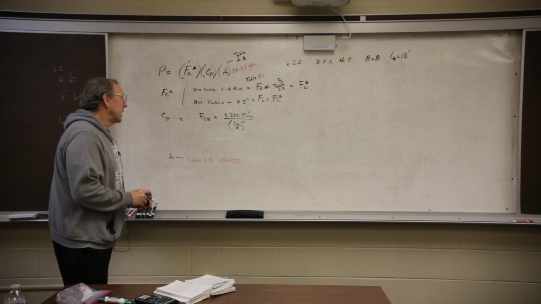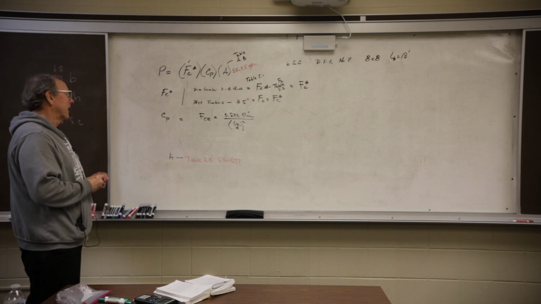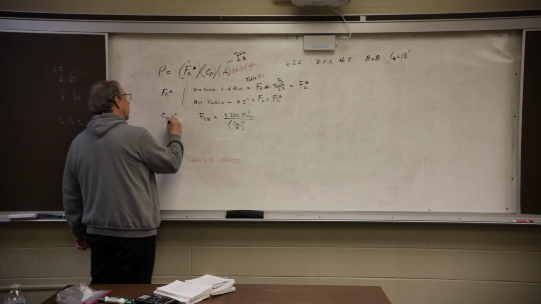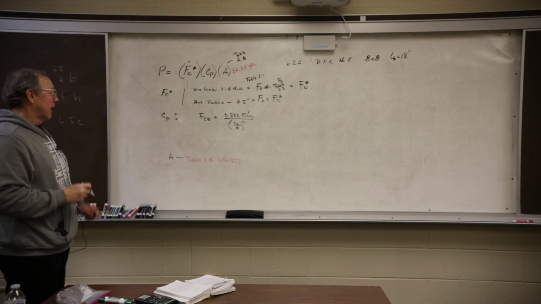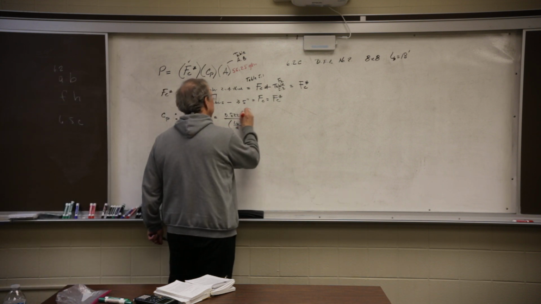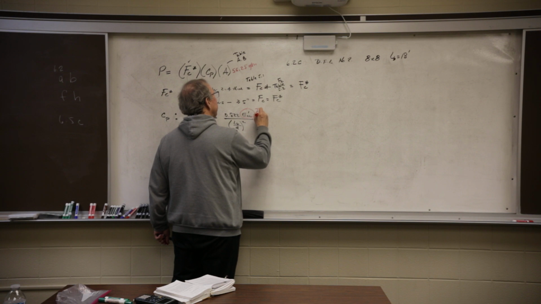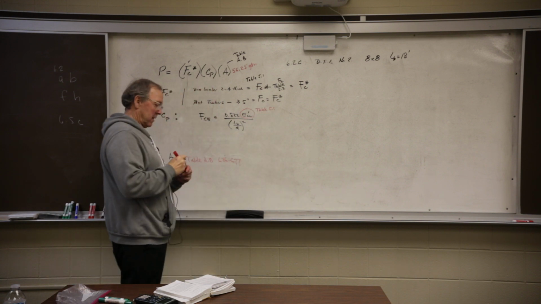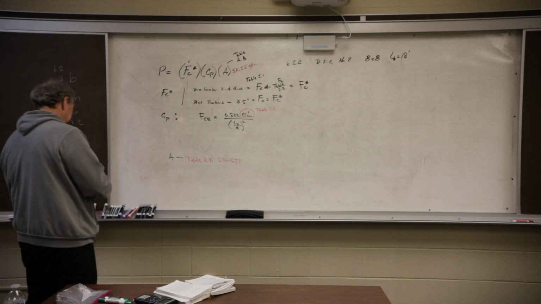There's the FCE equation. Once I have that, then I can do the CP equation. So I'm going to put a little guy right here like that. Okay, where do I get it? 5.1. Okay, that takes care of that one.